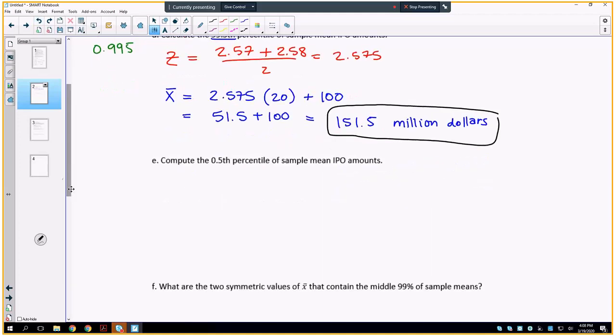Part E, compute the 0.5th percentile. So again, I want to do 0.5 and divide by 100, and that gives me 0.005. Okay, so I need to go to my z-table. I need to find the z-score corresponding to the probability 0.005.